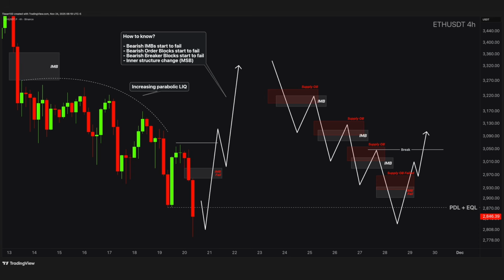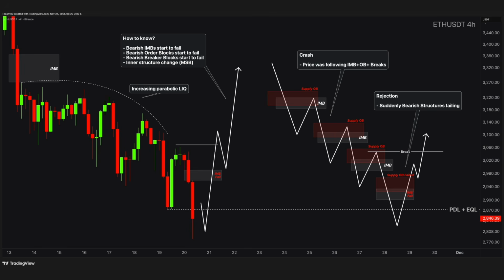It might be buyers stepping in and rejecting the price levels, hinting at a possible trend reversal to sweep that parabolic liquidity sitting above. And this is how you should look at these crashing or fast running markets, and how you can expect a trend flip at any moment.